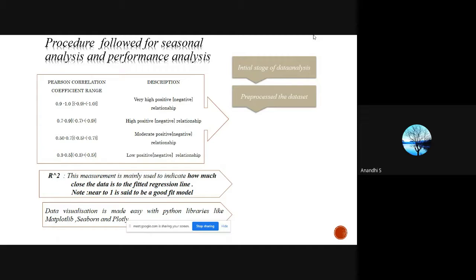Like we can identify and handle the missing values. We can do unit conversion, that is called data formatting, and then we can do data normalization. We can bring all the data into a similar range of values. For statistical analysis, it is a better one.